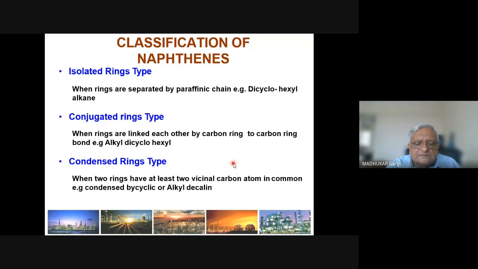So you have several types of naphthenes. The easiest, of course, is the single ring naphthene, like cyclopentane or cyclohexane. But then you can have two rings together as well.